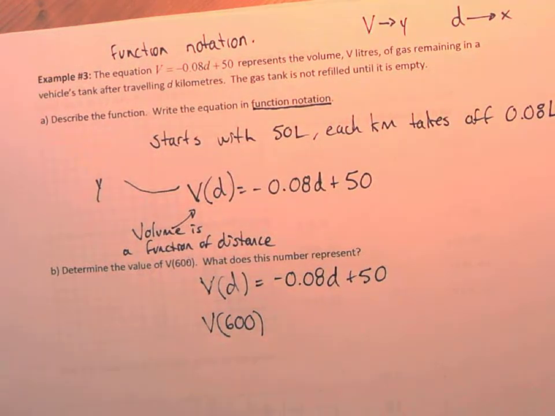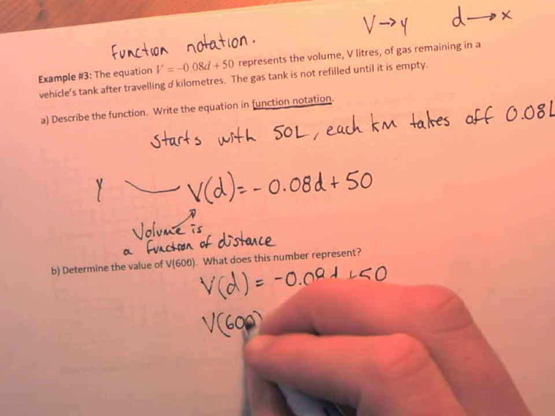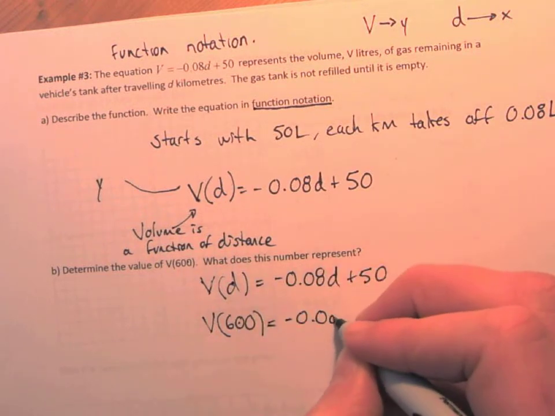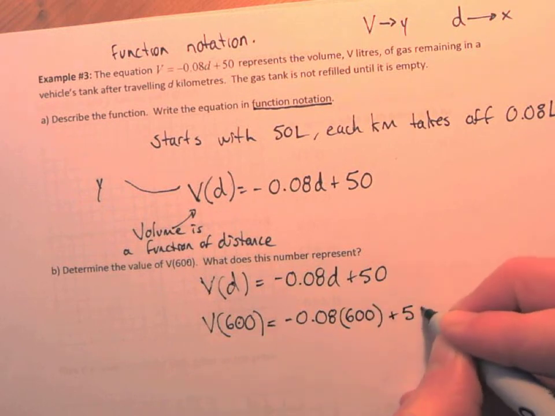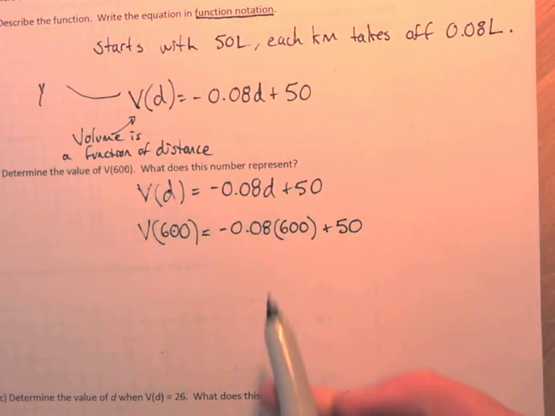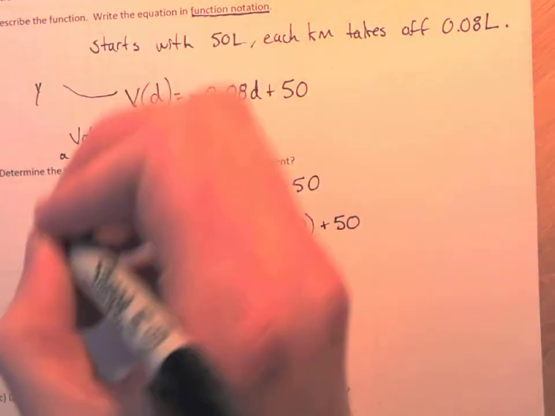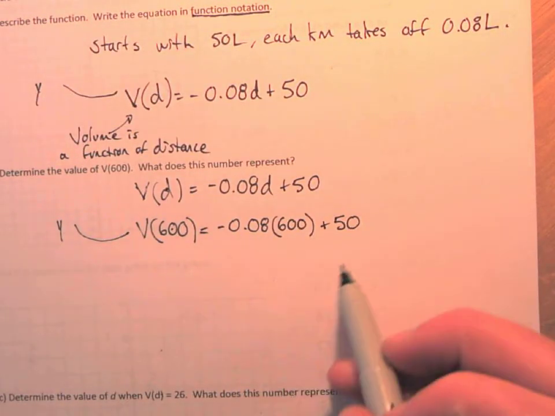It means our person's going 600 kilometers. So wherever you see a d, you put a 600 is what it means. Okay, so really it still means just this is the same thing, if you remember, as a y. So y equals negative all this.